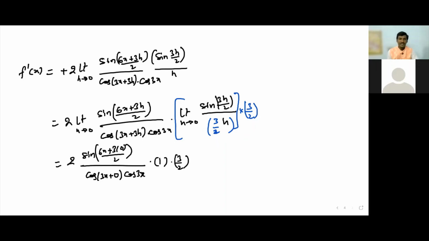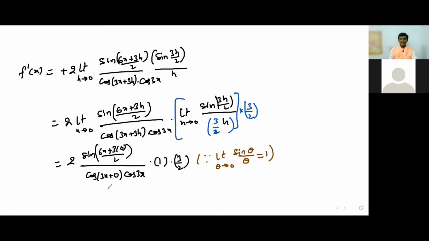The formula is limit theta tends to 0 of sin theta by theta is equal to 1.